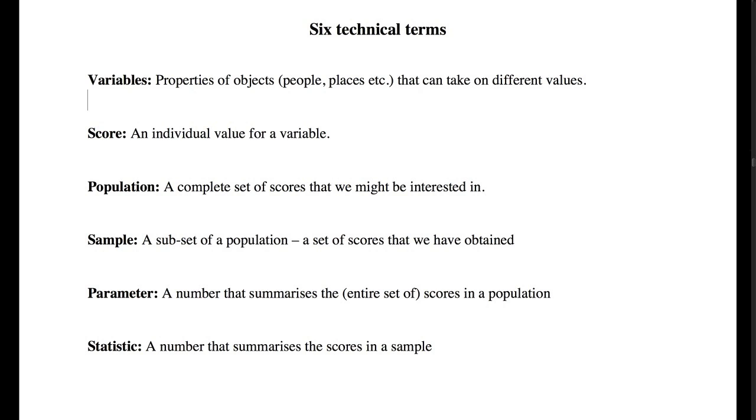So for instance, the self-esteem change score or the ketchup preference, those are variables. They're things which are different for different people. Likewise, the number of days punishment per infraction and the saliva testosterone level are things that vary from one person to the next, and so they're variables.